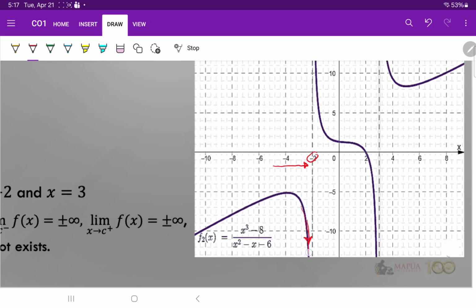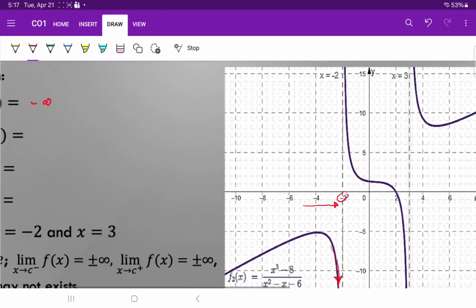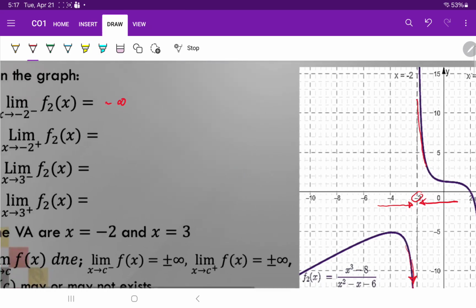This is the graph, right? It goes down. So it should be negative infinity. Alright? Hold on. Now, if you come from the right, what would be the limit? Coming from the right, you'll be coming from this direction. What happens with the value of your y? It goes up to positive infinity. So, the limit is positive infinity.